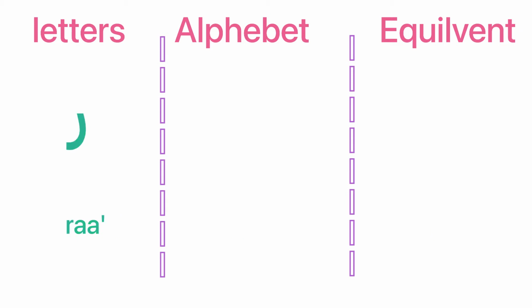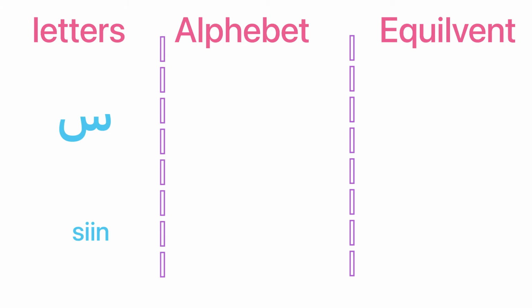Ra is related to the letter R, but it is more equivalent to the word roar. Try to roar, rolling the R. Moving on to Zai, Zai for the letter Z, but try to say zebra and not zebra.